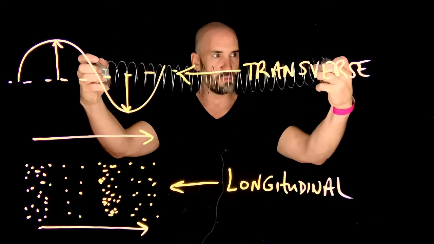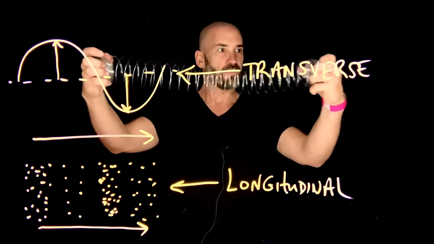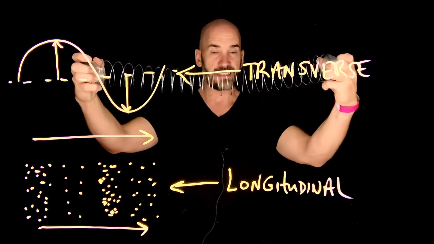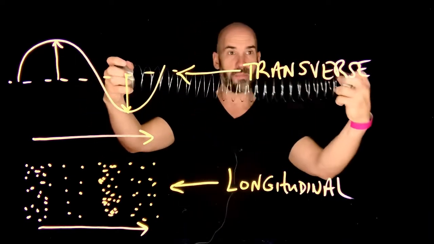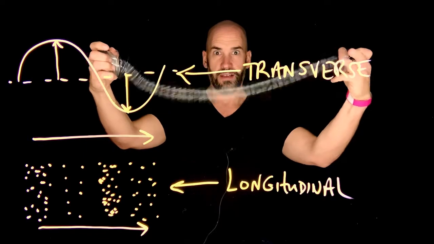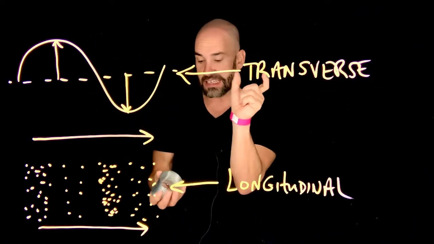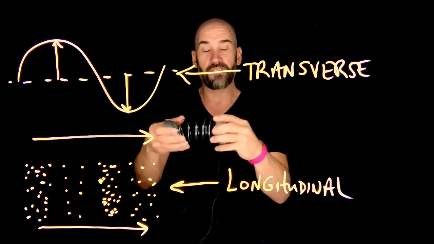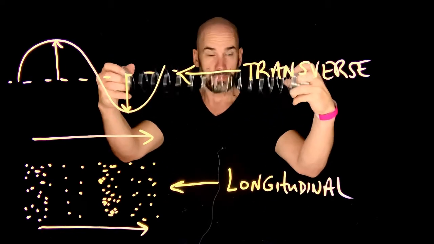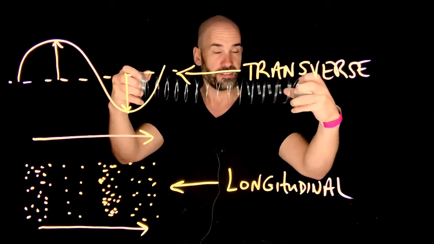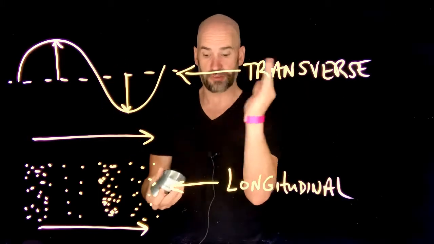I wish I could do this in slow motion, but you'll see that this little clumped up part right here starts to oscillate, reflects off this side, bounces back again. You see that? So the wave is traveling in this direction, and the individual oscillations of the slinky pieces, these little slinky loops, are also in this direction.